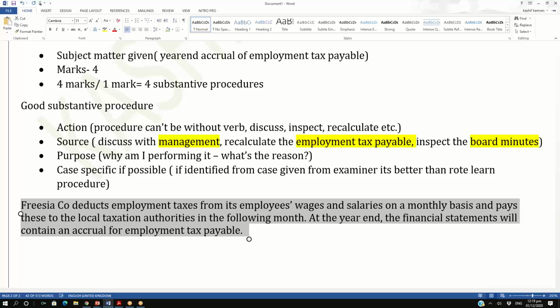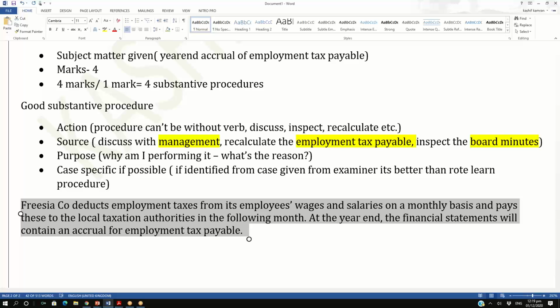I'll read the case. The company deducts employment taxes from its employee wages and salaries on a monthly basis, and pays these to the local tax authorities in the following month. So they deduct and they pay in the next month. That is why they have an accrual. At the year end, for example, if the company's year end is December, whatever they deduct in December, they will have as an accrual, which they will pay in January.